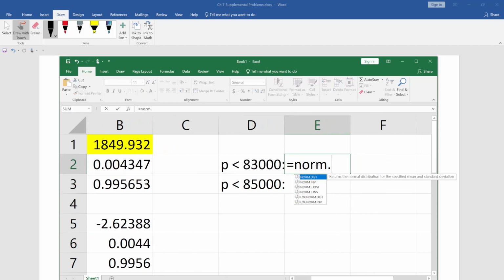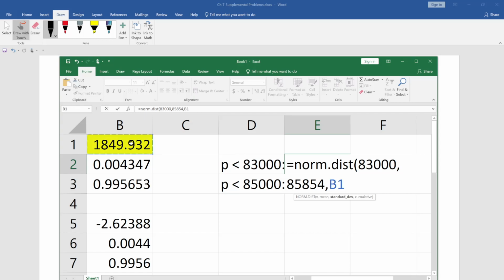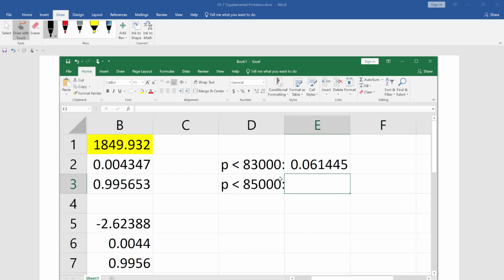So I'm going to do equals, once again, norm.dist, open parentheses. I'm going to put in 83,000, comma, the population mean, comma, the standard error, which I'm just going to click on, comma, true. I'm then going to do that again here.